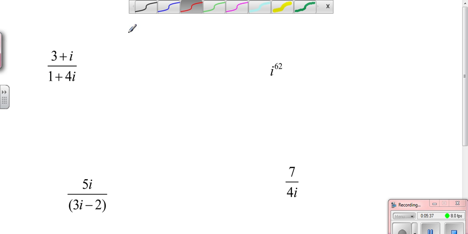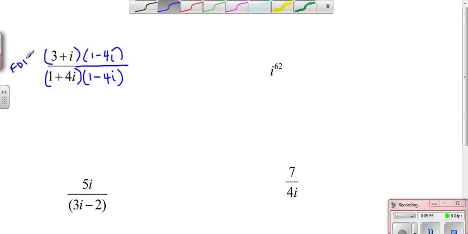I's behave in the denominator just like radicals, so this is bad grammar. I can't do that. So I have to multiply by that conjugate, which is 1 minus 4i. Again, I don't care what the numerator is. I'm just caring about cleaning up that denominator. So both of these end up being FOIL problems.